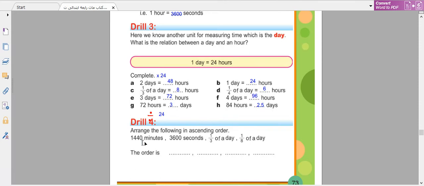1440 minutes. We want to change them to hours, so the thing we do is we will divide it by what? By 60, because 1 hour equals 60 minutes. We will find out that it's 24 hours.